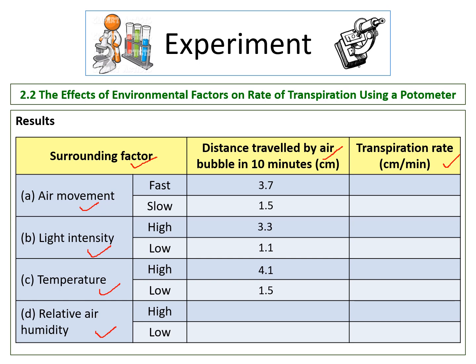High relative air humidity, 0.7. Low relative air humidity, 2.4. So this is the transpiration rate. This one you need to count using the formula. Distance divided by minutes.